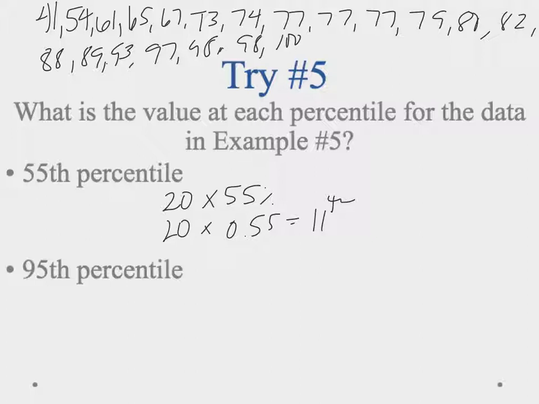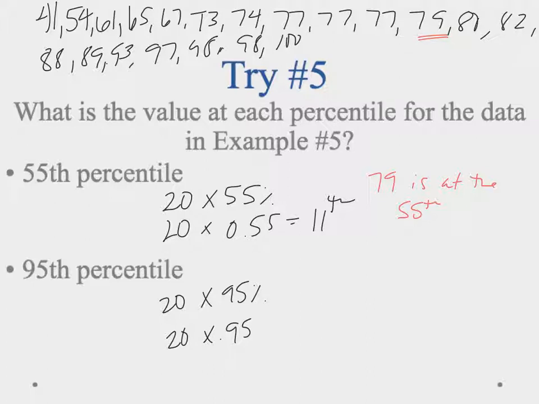So if I count 11 numbers, 1, 2, 3, 4, 5, 6, 7, 8, 9, 10, 11, 79 is at the 55th percentile.